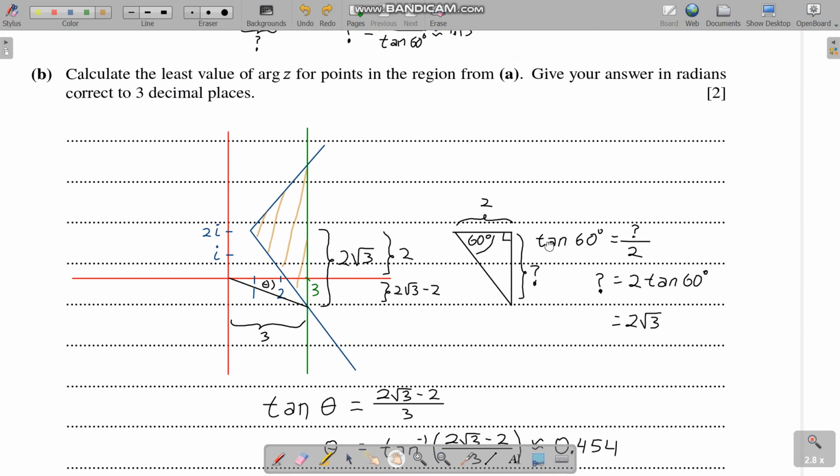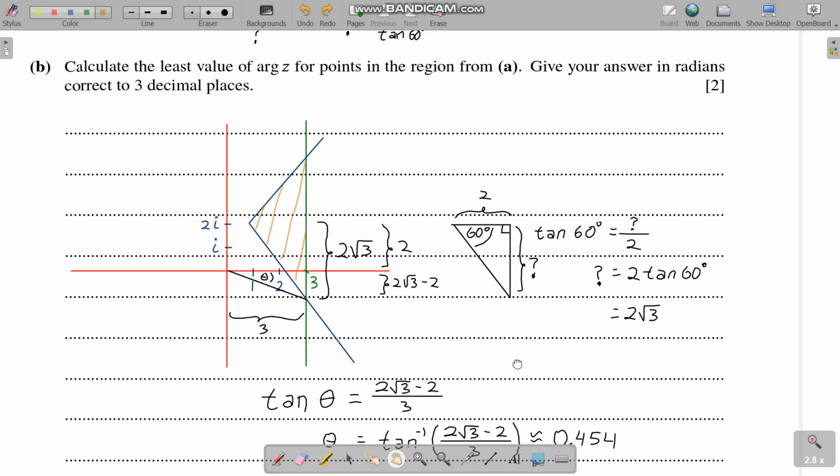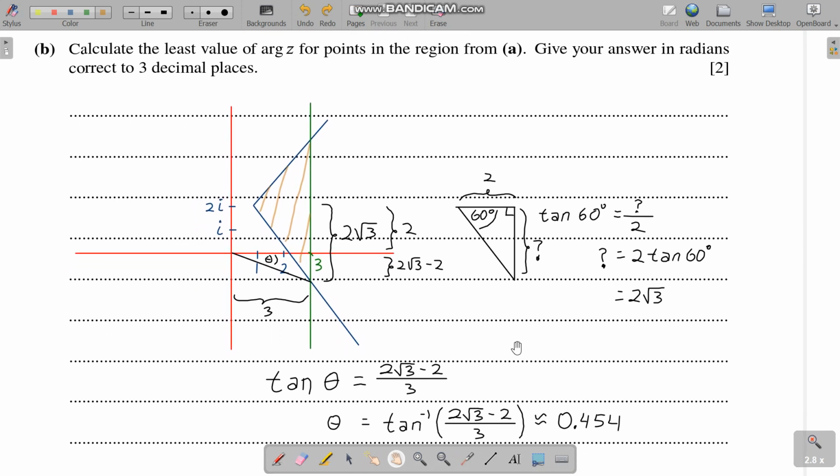Now calculate the least value of arg z, the argument of z, for points in the region. So z is a line from the origin to any point in this shaded region. It could be any point in the shaded region.